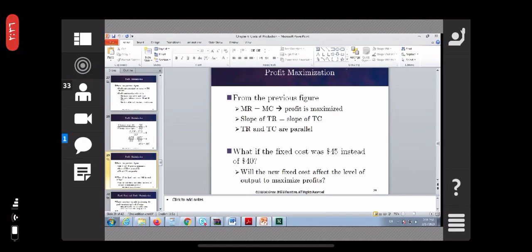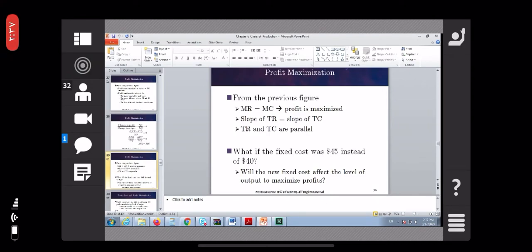Now, if you got a question saying, what if the fixed cost was 45 instead, assume that it is going to be 45, is that affecting the level of output that maximizes profit? Yes or no?